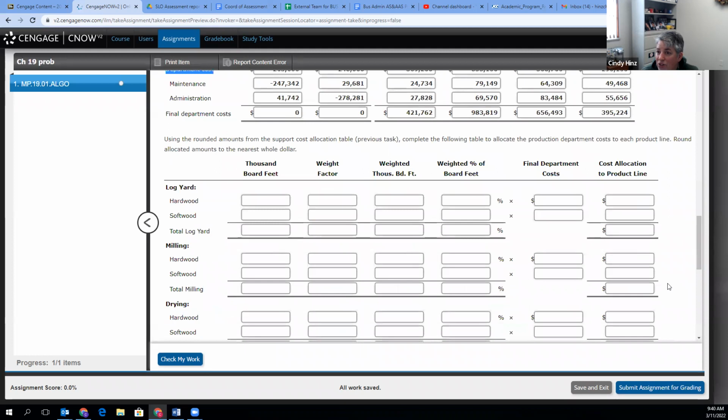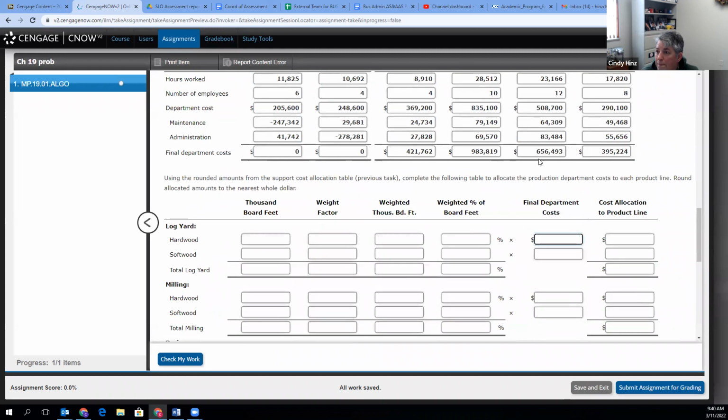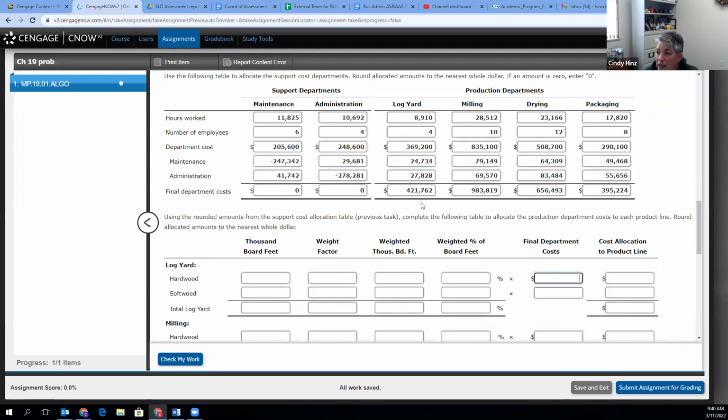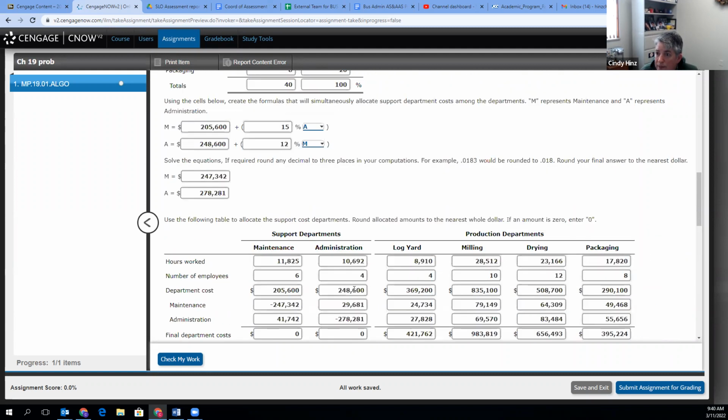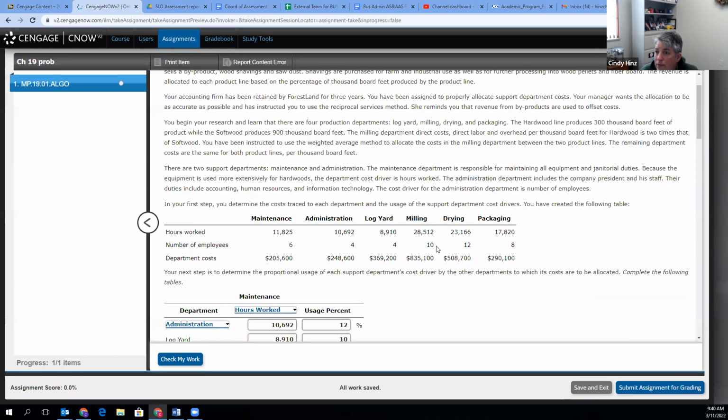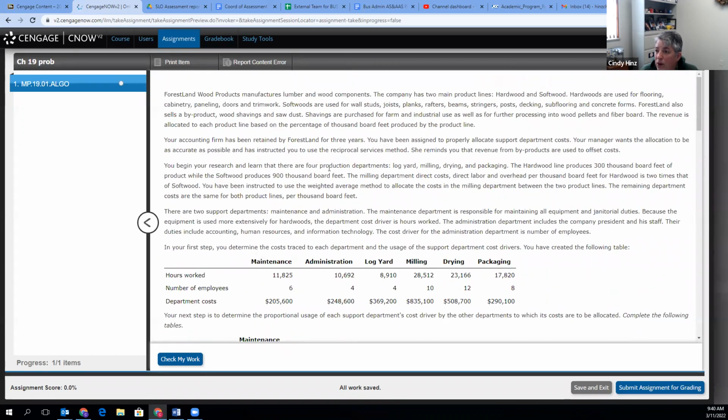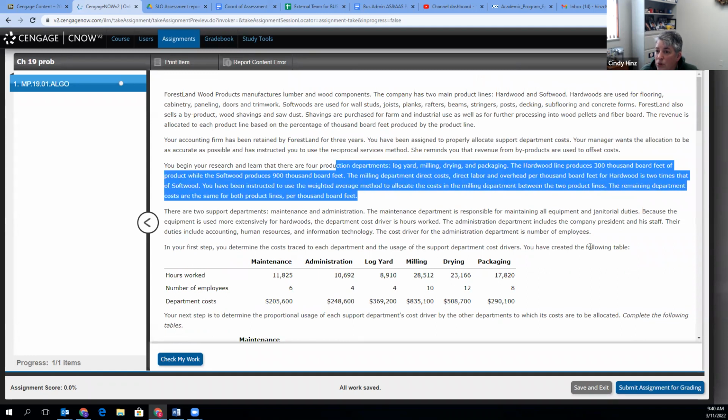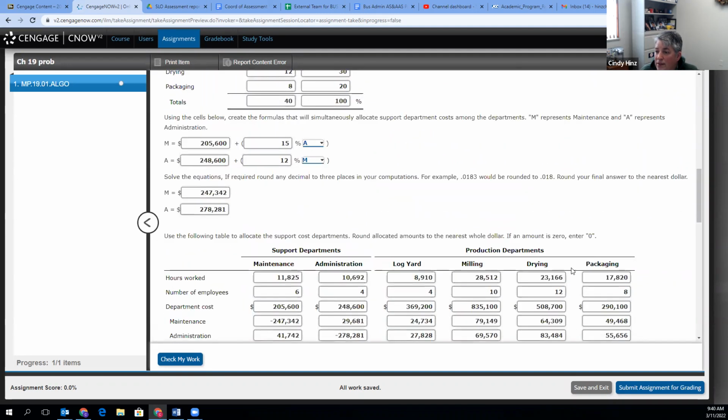For this last section then, you're taking the final department costs from here, starting with the log yard. So the final department cost for log yard was $421,762. And you are going to use the information from up here about weightings to assign these costs.